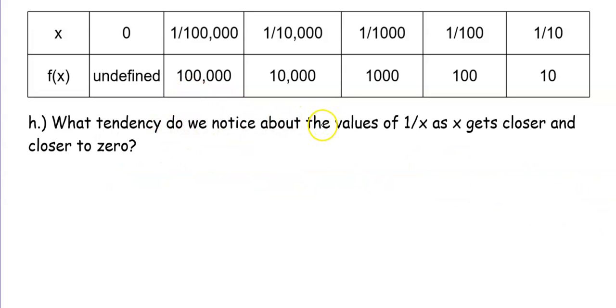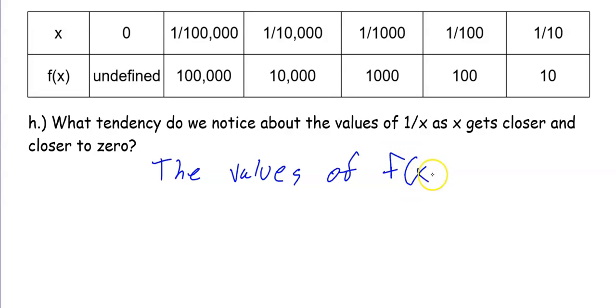Did we notice anything about the values of 1 over x as x gets closer and closer to 0? In general, what we can say is the values of f of x will increase without bound.